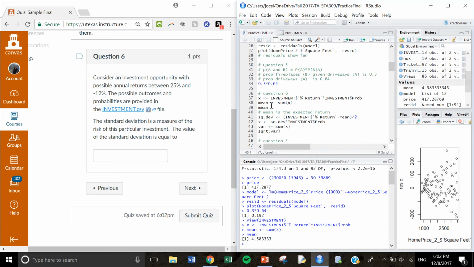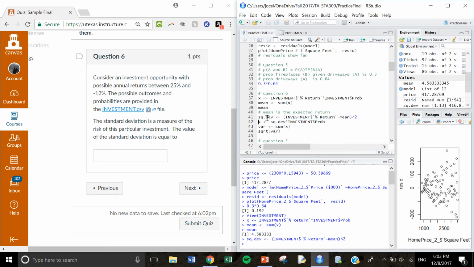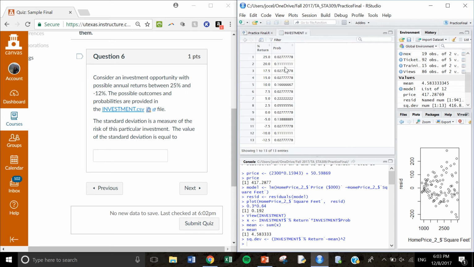So in order to find the standard deviation, I do each of these percent returns minus the mean, which was the expected value that we just found, and all of those squared. So those are all of the squared deviations of each return from the mean. Now I multiply all of those squared deviations times the probability, which are all of these numbers.